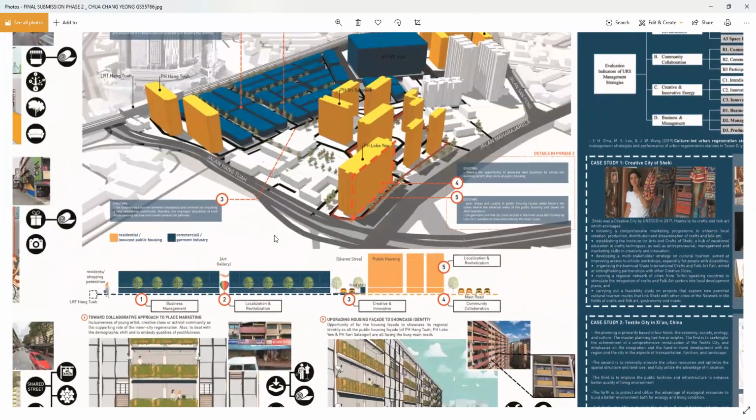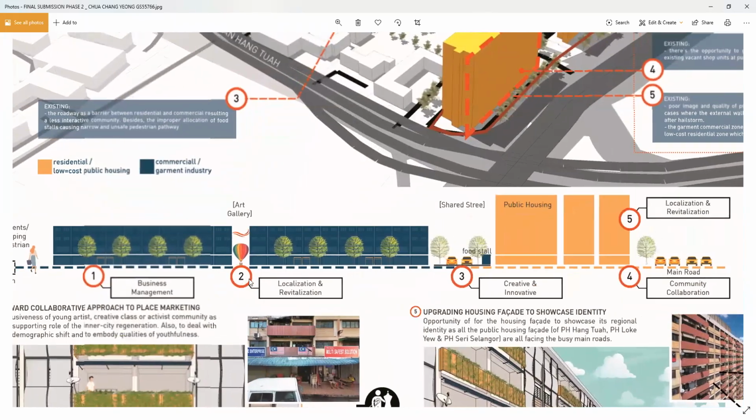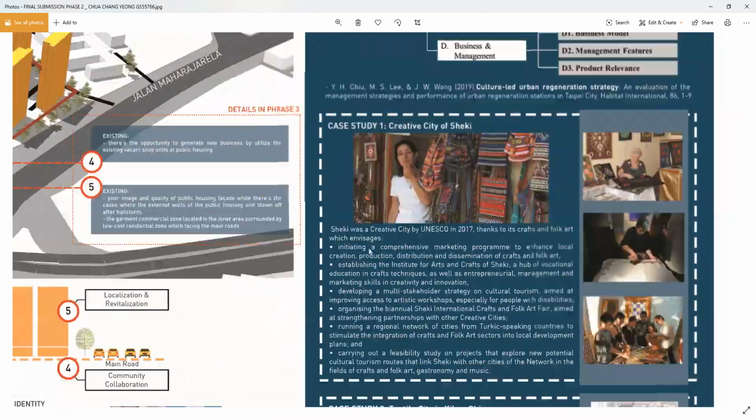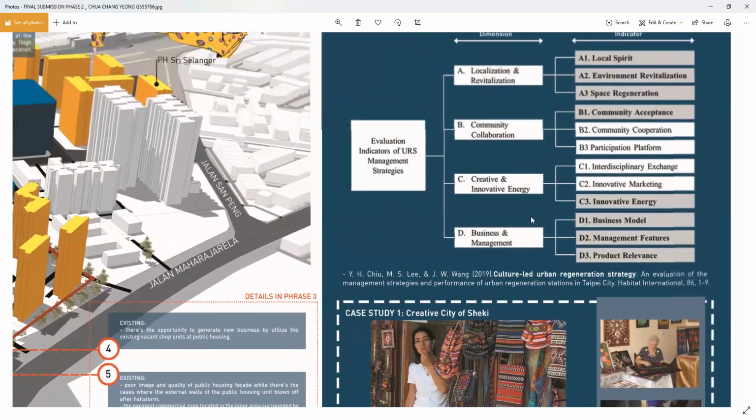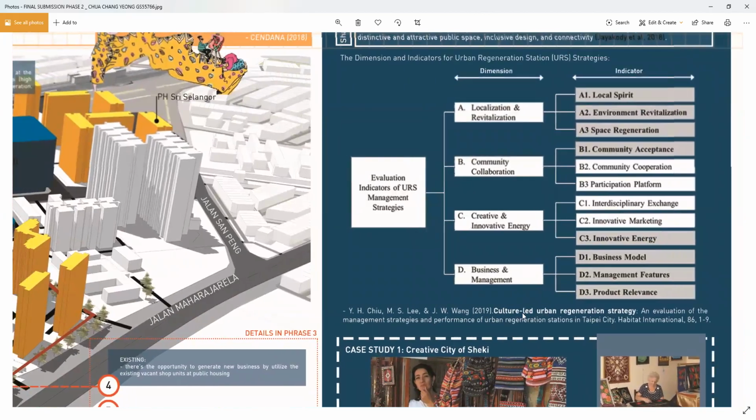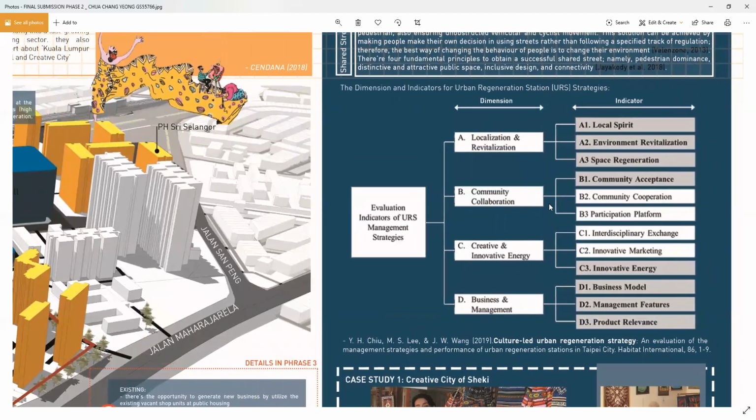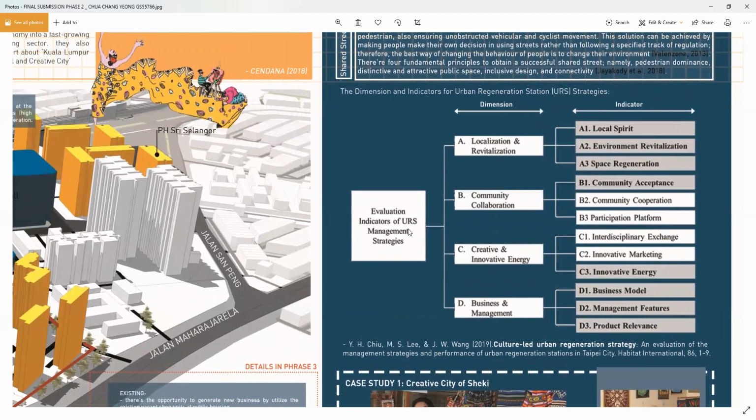And okay, this one actually shows the literature review, which I got from the cultural-led urban regeneration strategy by these people. It shows that the cultural regeneration strategies include four dimensions: localization and revitalization, community collaboration, creative and innovative energy, and business management.